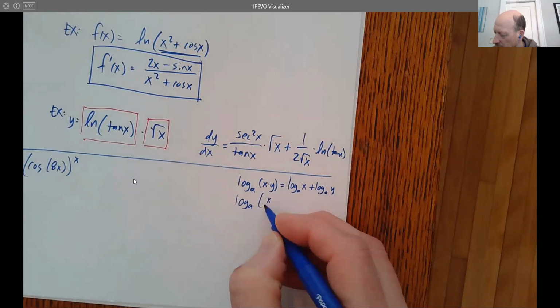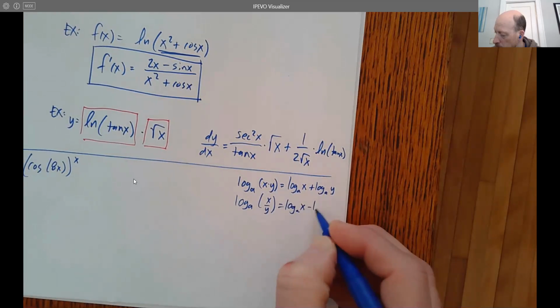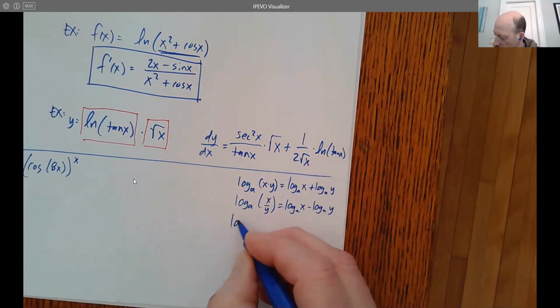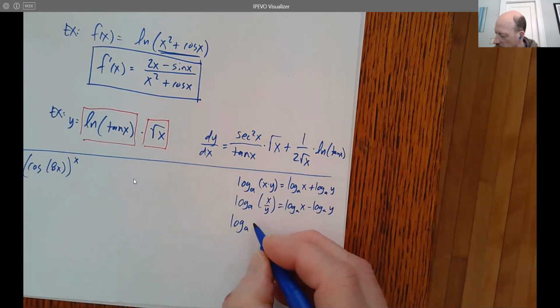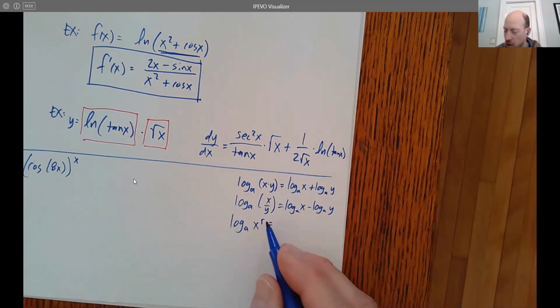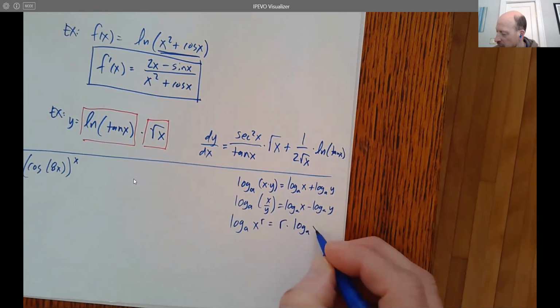It also does that with quotients. And most importantly for our scenario, it also does that with powers. The log base a of x to the r is r times the log base a of x.